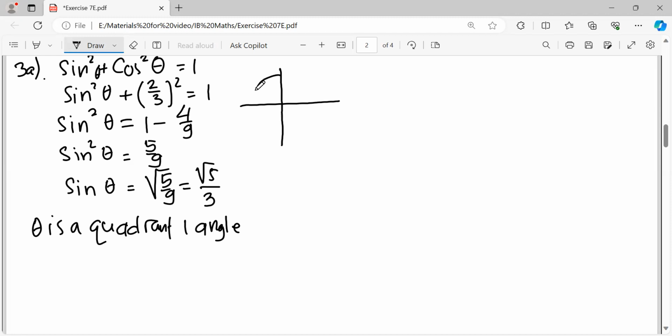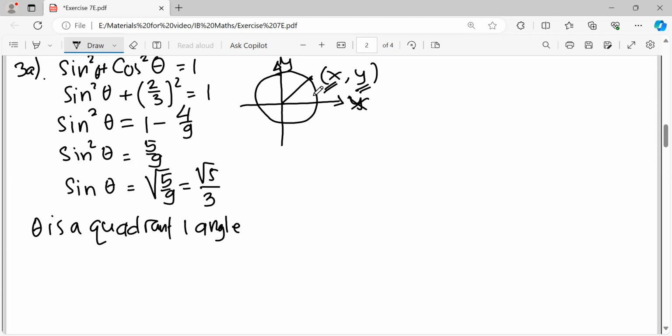I'm going to remind you of my previous explanations, in my previous videos, about the sign of sine, whether positive or negative. The coordinate point x comma y gives the values of cosine, x, and sine, y. At quadrant 1, the value of sine is always positive.